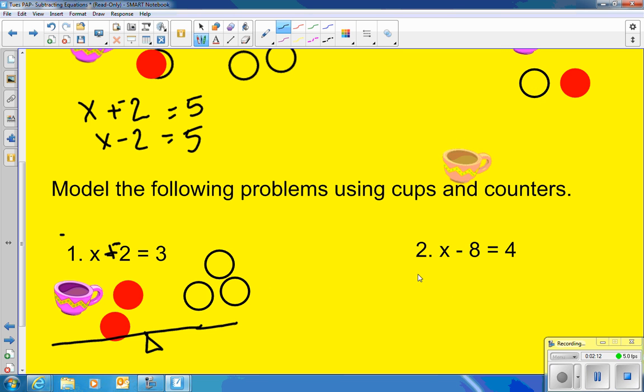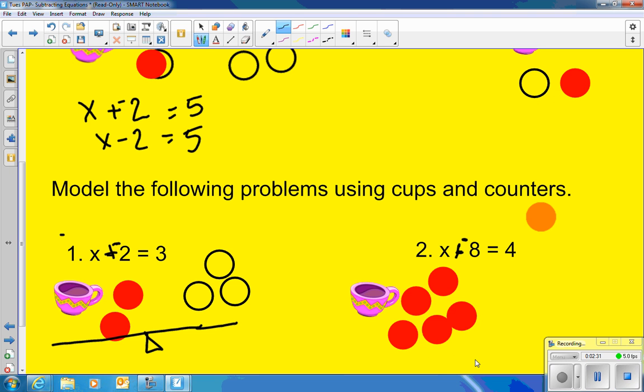Same thing over here. We're going to take our cup, and then again, this is adding the opposite, which is a negative. So I'm going to take 8 of those. It's a lot of dragging.